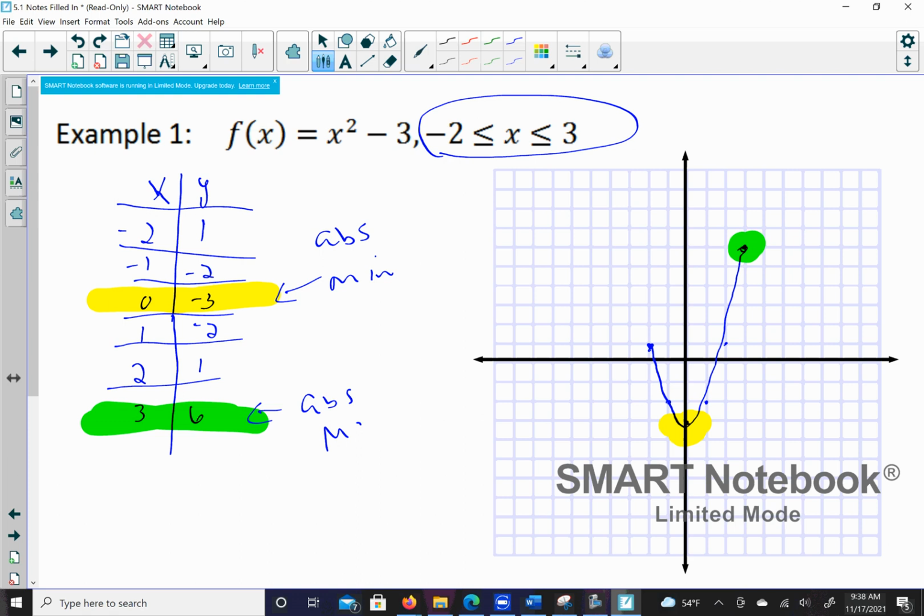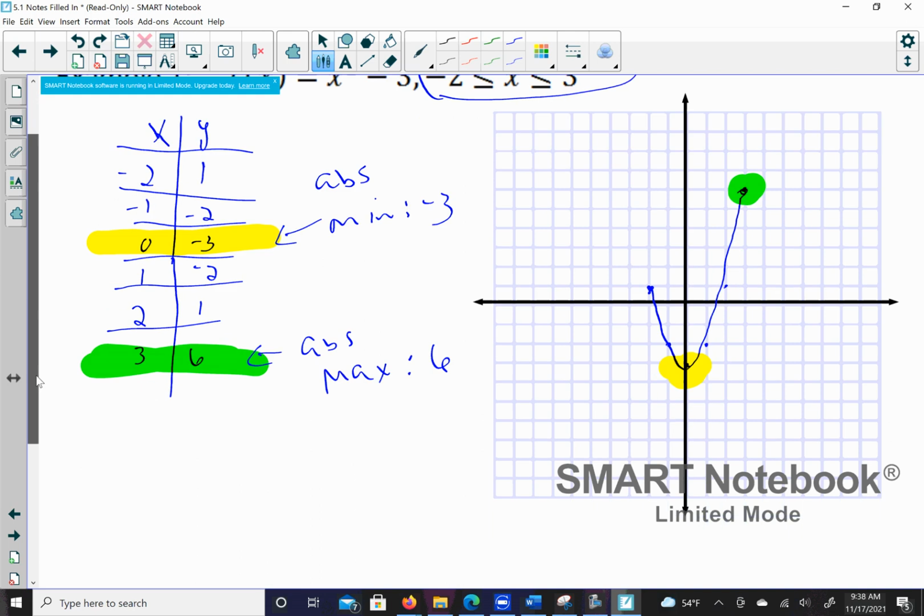The absolute min is going to be -3, because you're going to use the y value. The absolute max is going to be that 6. It occurs at 3, but the absolute min is -3. The absolute max is +6.